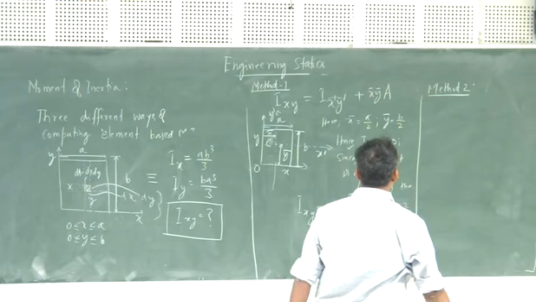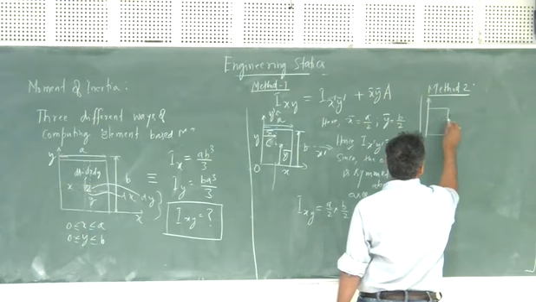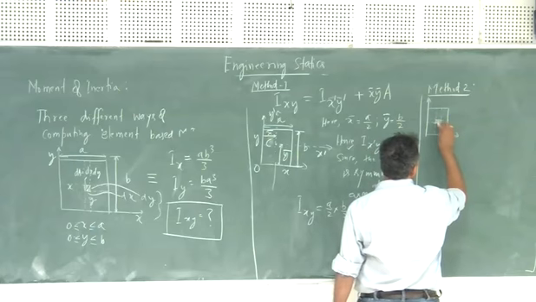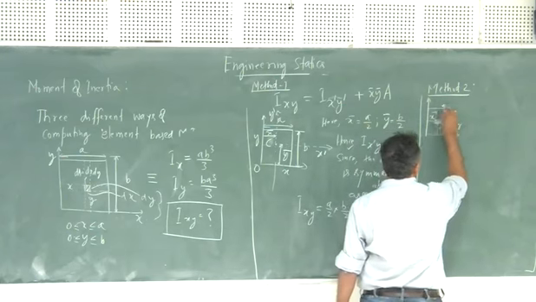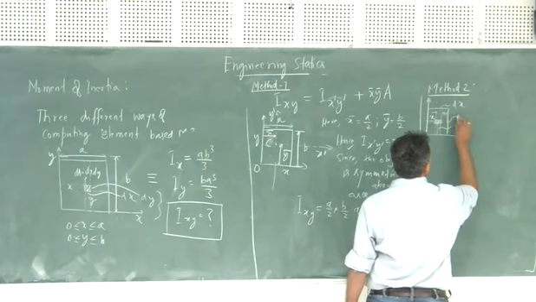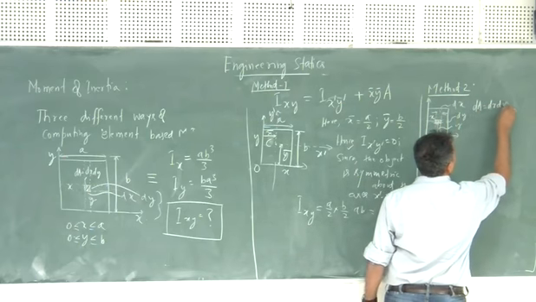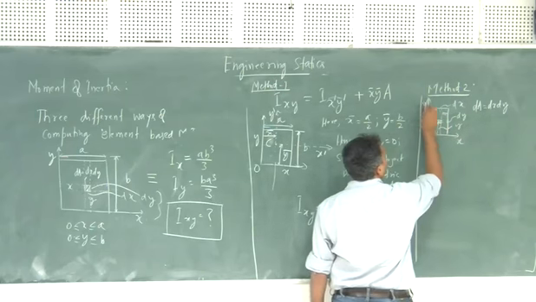In method 2, instead of applying the formula, we can take a small element located over there, and the centroid of this one is obviously at x, y. This is dx and this is dy. So your dA will be given by dx into dy.